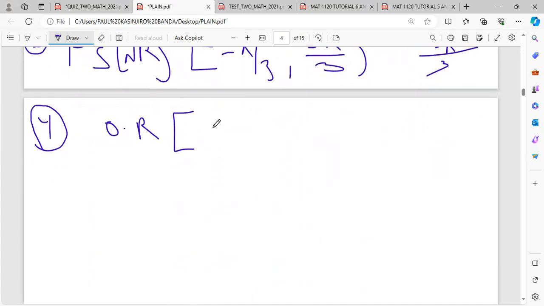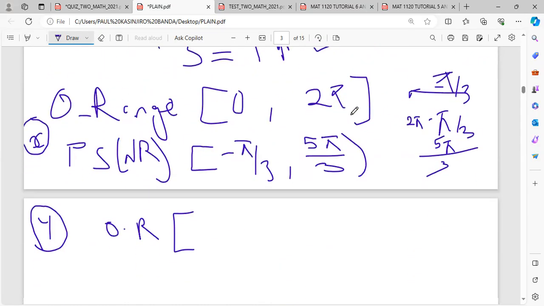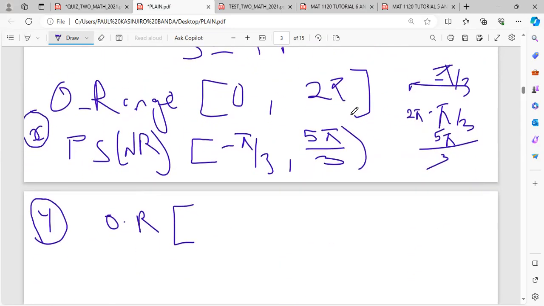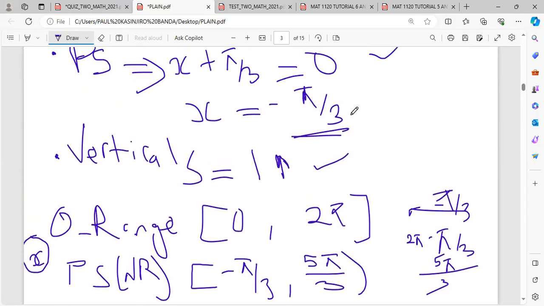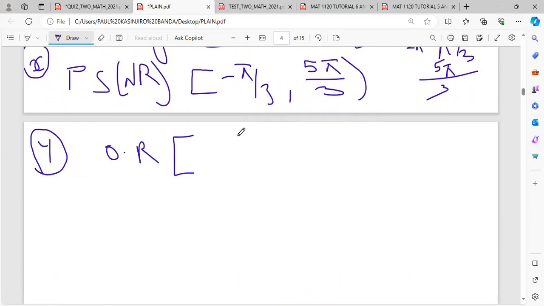So the original range there, since the amplitude is 2, it means supposed to start from, what am I saying? Not 0, I meant from -2 all the way up to 2. So the original range here will be from -2 all the way to 2.